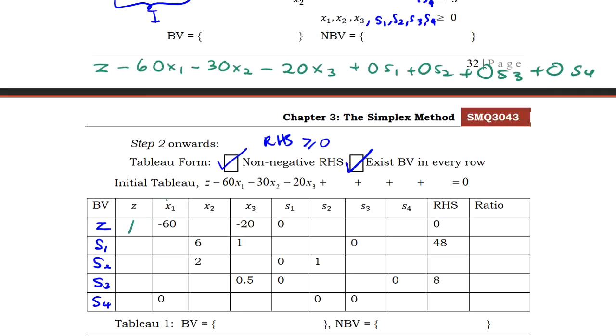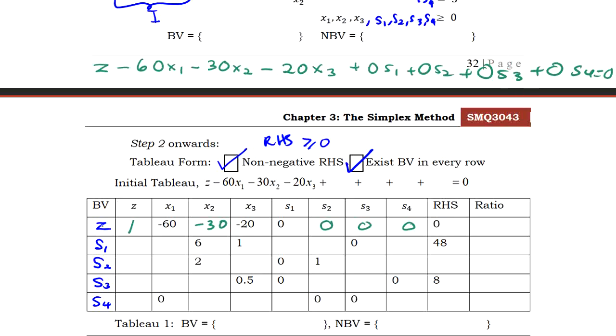And then for the second column, column x1, the coefficient is negative 60. This one is equals to 0, because nothing is left on the right hand side. Negative 30, negative 20 for x3, and then 0, 0, 0, 0. Then right hand side is 0 because everything is already moved to left hand side.